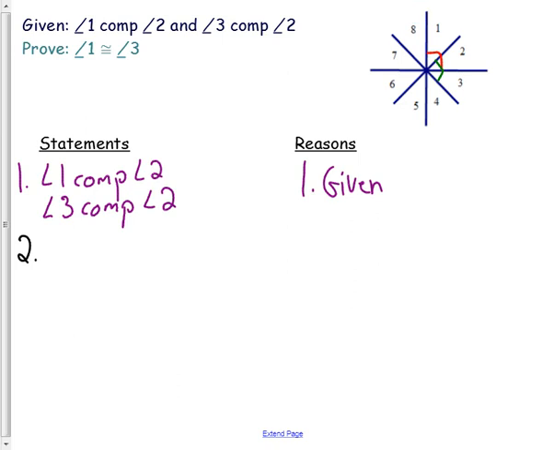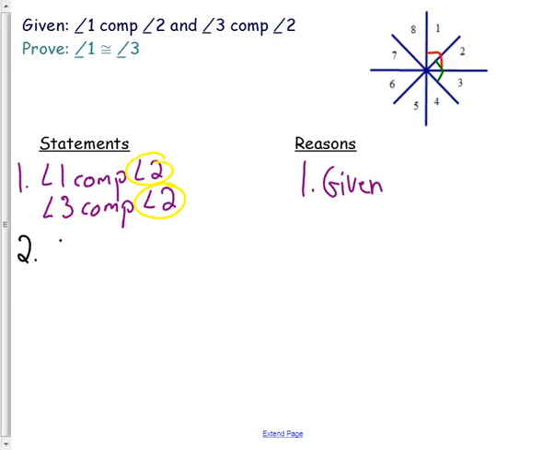Then we look at, is there some connection between angles being complementary and congruent? And yes, if we look at the congruent complement theorem, it says angles complementary to the same angle are congruent. Well, angle 1 is complementary to angle 2. Angle 3 is complementary to angle 2. They're both complementary to angle 2, which means by the congruent complement theorem, they're congruent to each other.